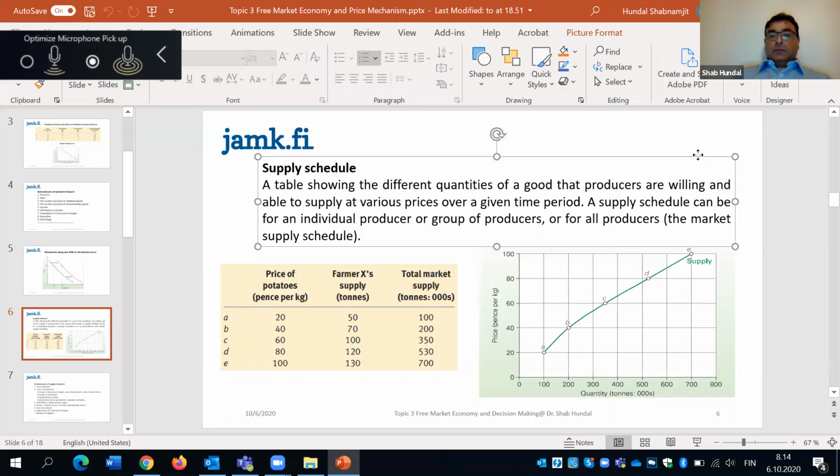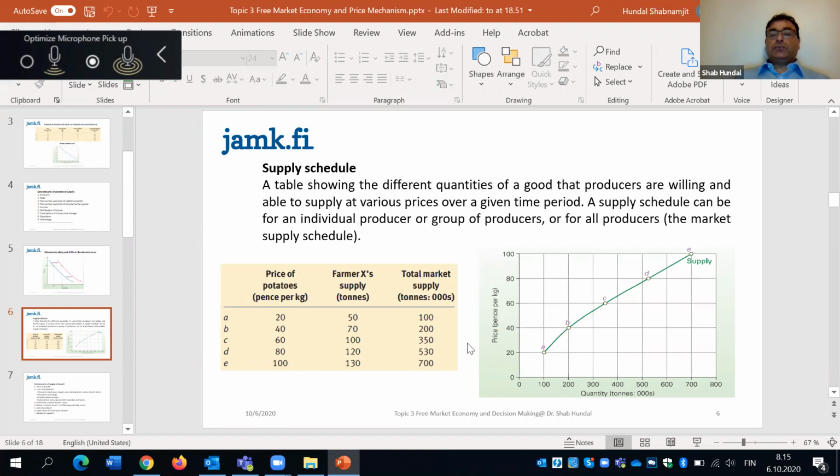But before I move to the next point of discussion, I want to get some convincing arguments from you people on why supply increases as the price goes up. I said something that it's an incentive, it's a motivation, but I deliberately didn't explain much.